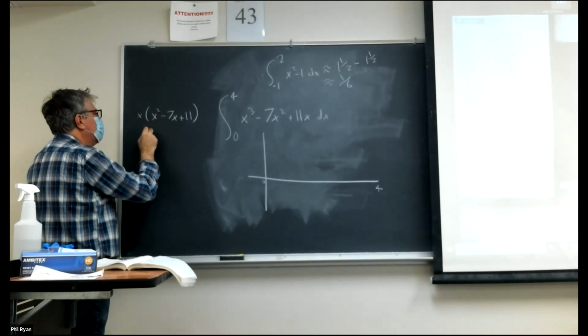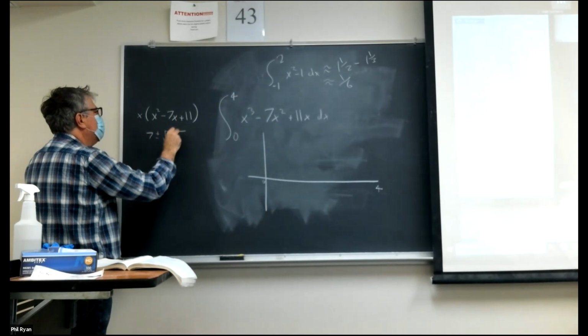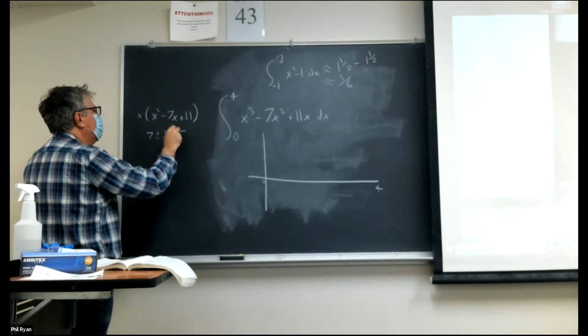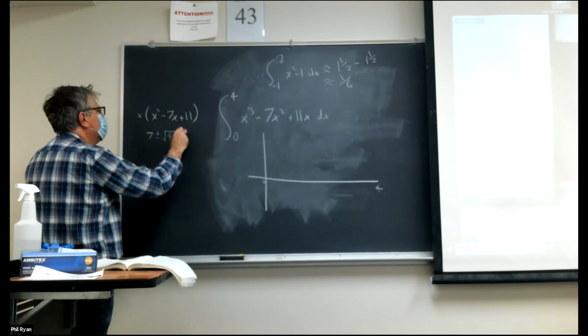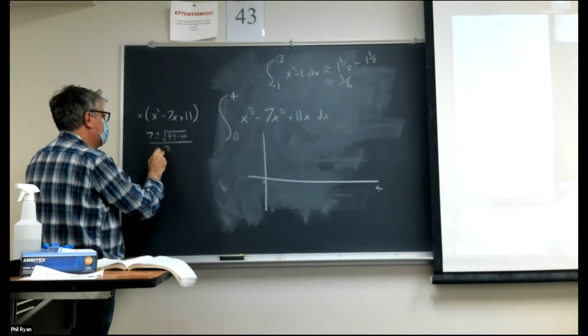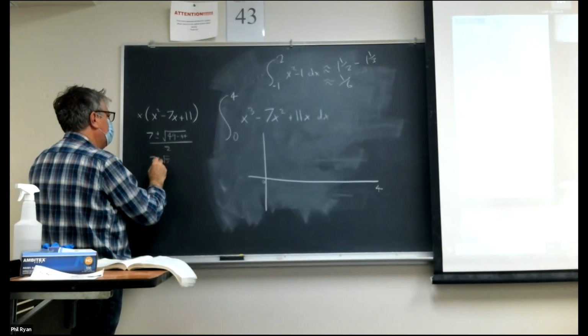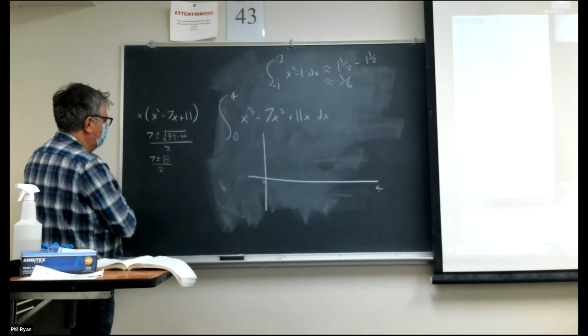The root of that is going to be 7 plus or minus square root of 49 minus 44, over 2, which is 7 plus or minus square root of 5 over 2.